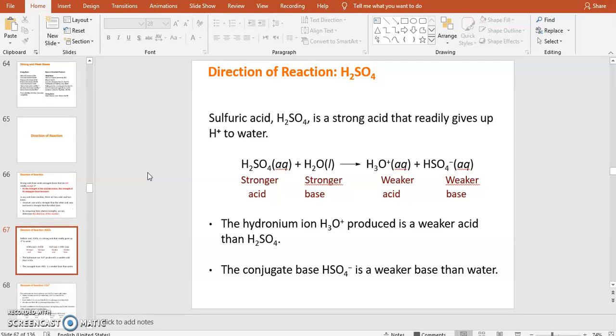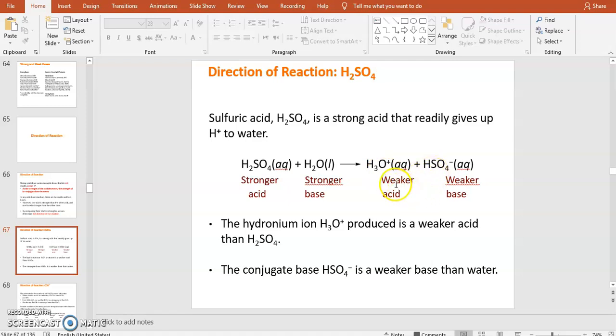So let's see what this means. H2SO4 is a strong acid and it's dissociated in water. If this is an acid, then the water plays the role of a base, a strong base. In the dissociation, you will see H3O and HSO4.